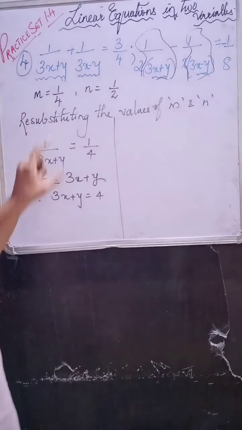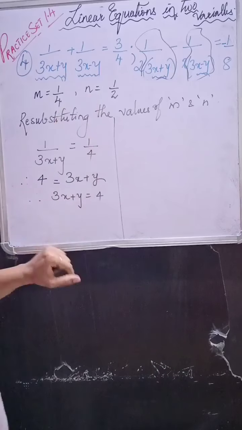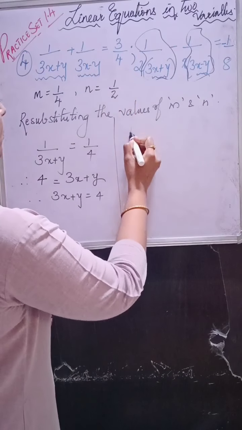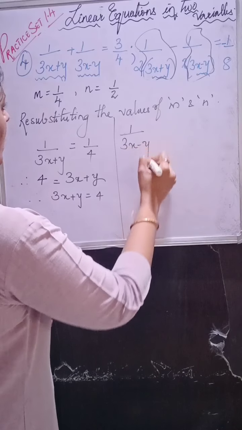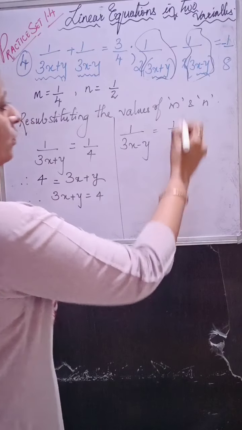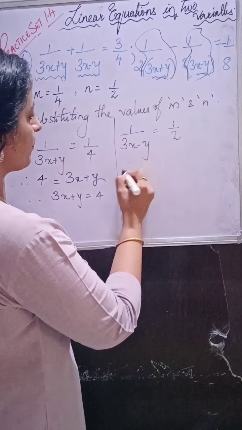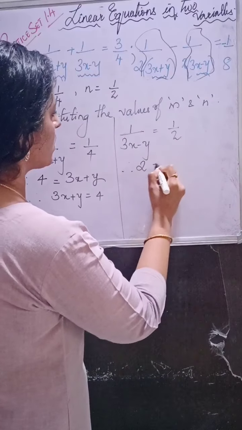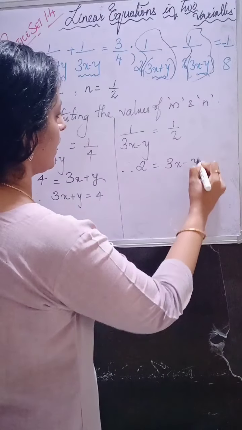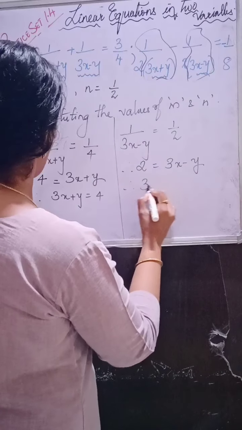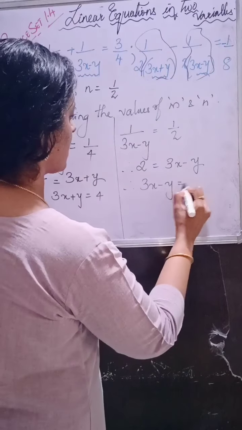Similarly, get the value of n. N we took as 1 upon 3x minus y is equal to 1 upon 2. Cross multiply. 1 into 2, 2 is equal to 1 into 3x minus y will be 3x minus y. Therefore, 3x minus y is equal to 2.